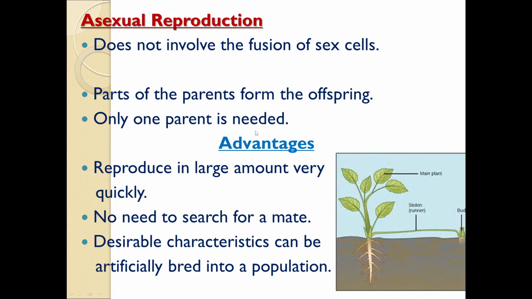So parts of the parents will form the offspring, and the parts they are talking about would be the sex cells. Only one parent is needed, and as I said before, this is a difference between asexual and sexual reproduction.